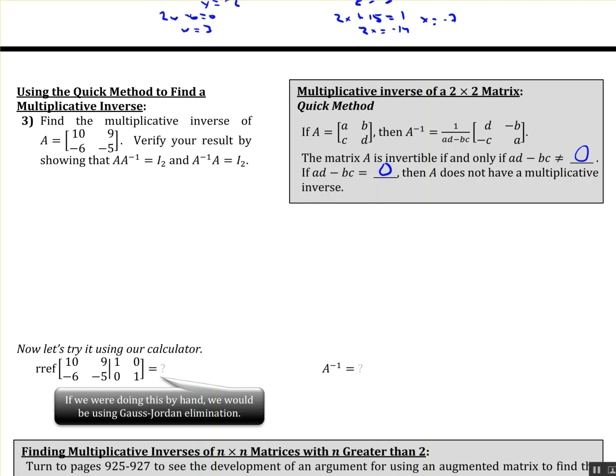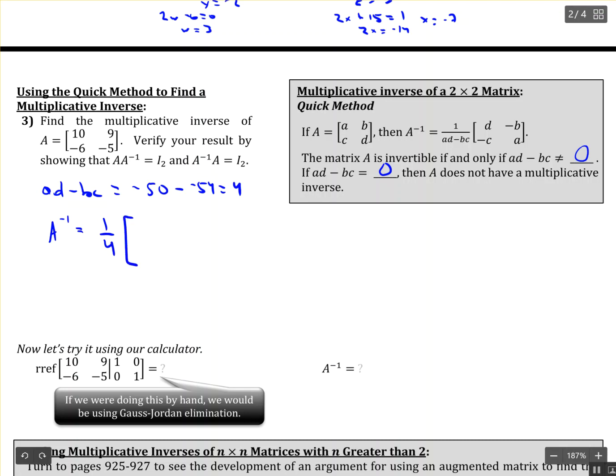So if I'm looking at this, I'm going to do AD minus BC, which is equal to negative 50 minus a negative 54. So I get 4. Again, I just did 10 times negative 5 minus 9 times negative 6. So I get 4. So my A inverse is going to equal 1/4.